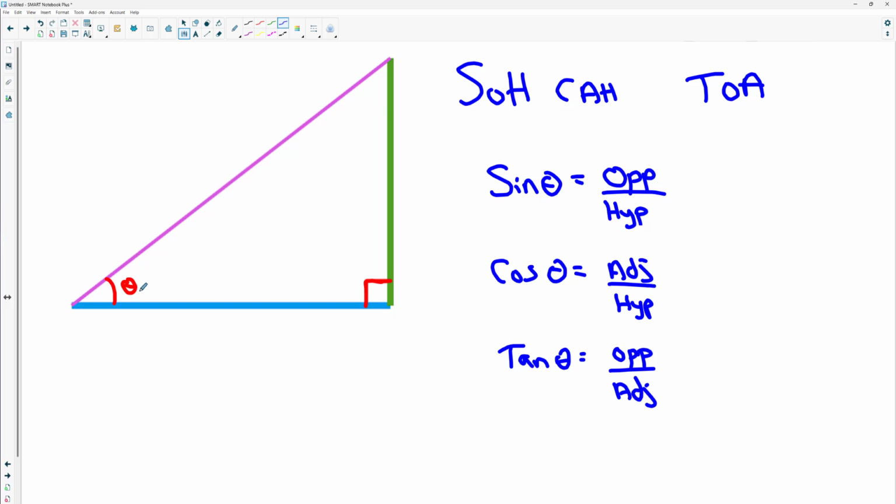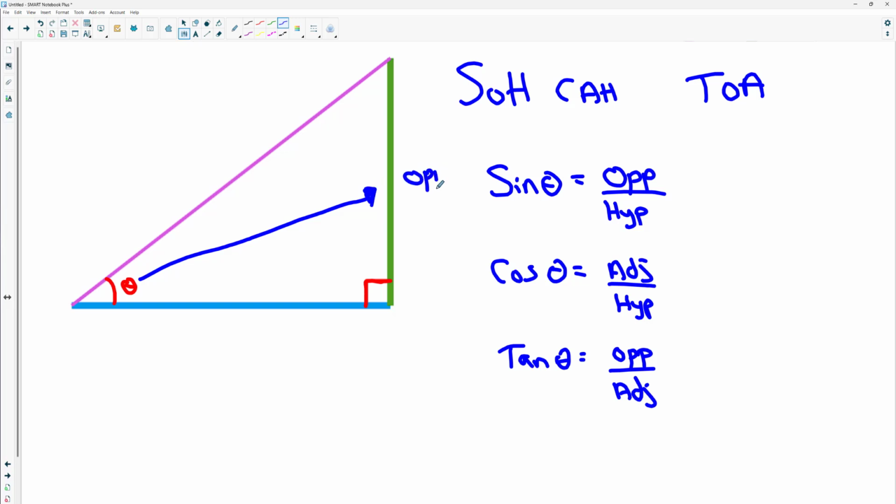We don't really know what that angle is in terms of its number, but this is useful because now we can start labeling the sides of our right angle triangle. So the opposite side is always the side opposite our angle that we have labeled.